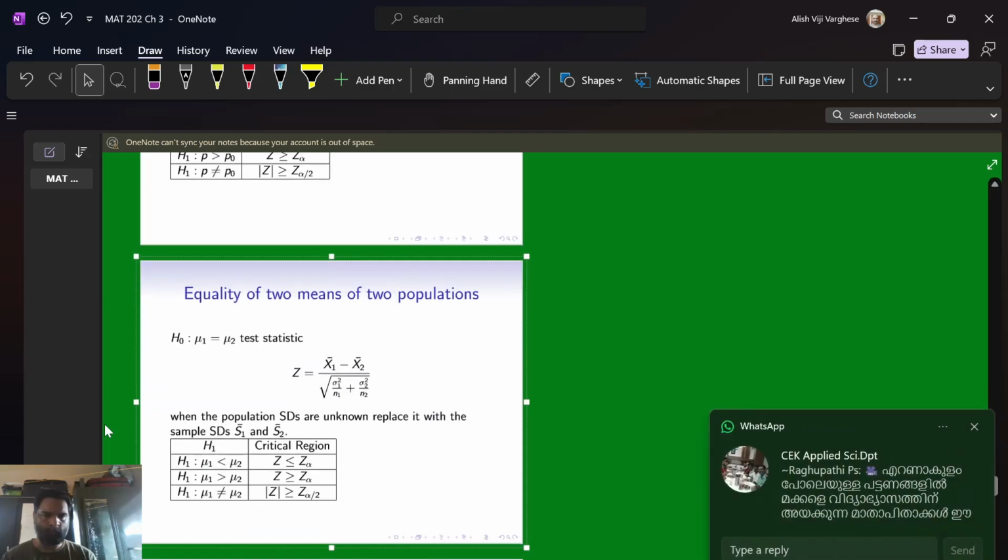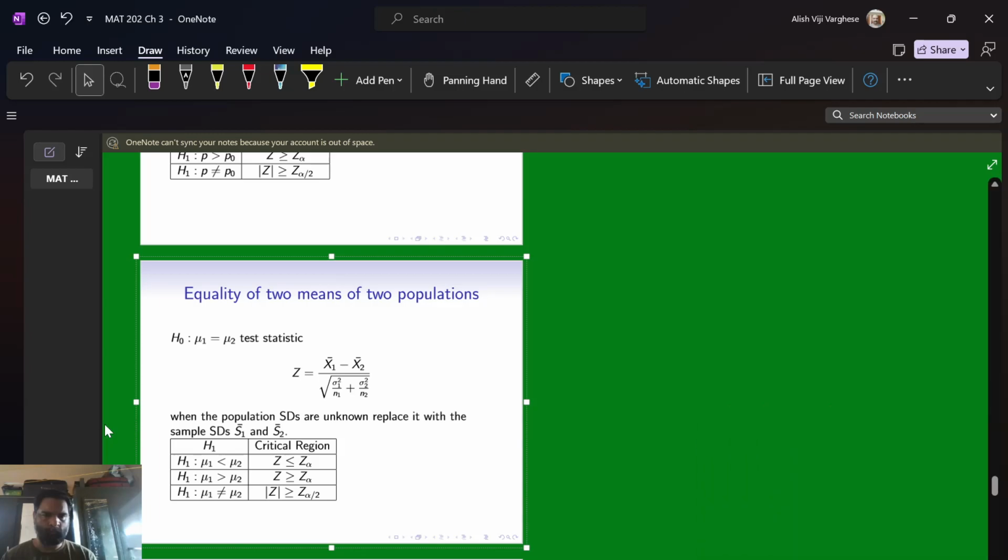Then if we have a hypothesis like mu1 is equal to mu2, that is, if we have two samples taken from two populations, and we have to check whether those two populations have the same mean, or if we have to compare two classes in terms of their marks obtained in a particular series examination, then we compare them in terms of average marks.